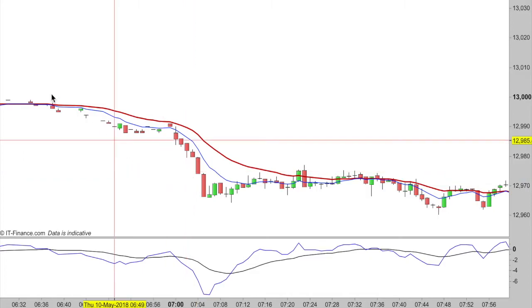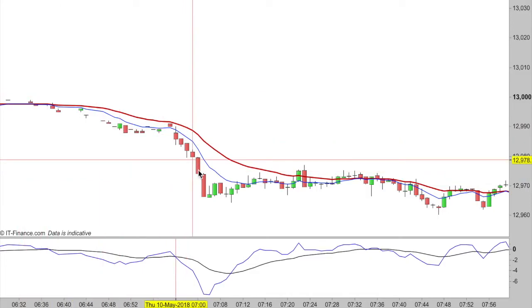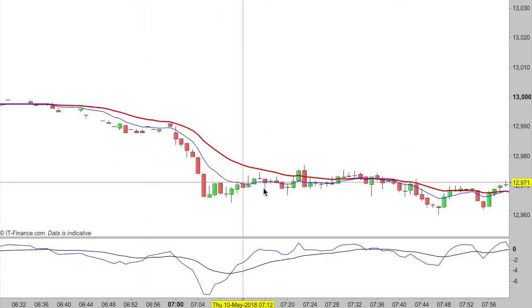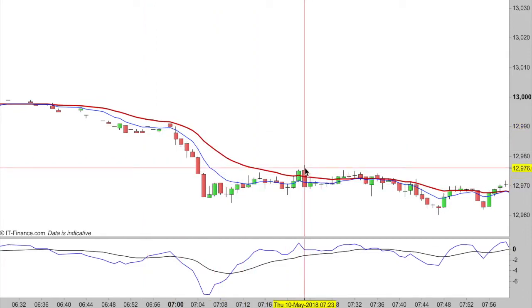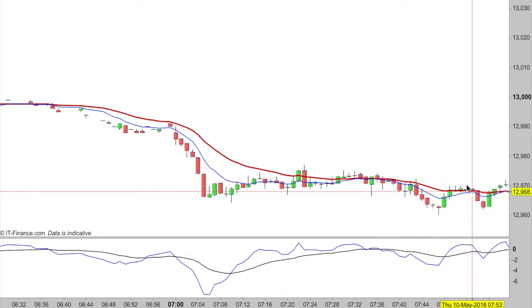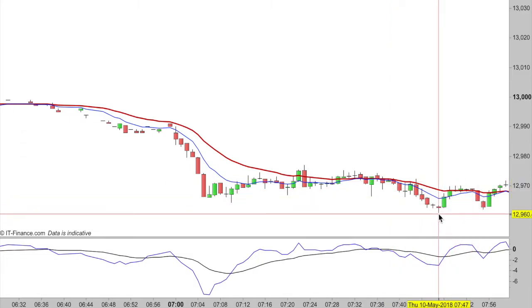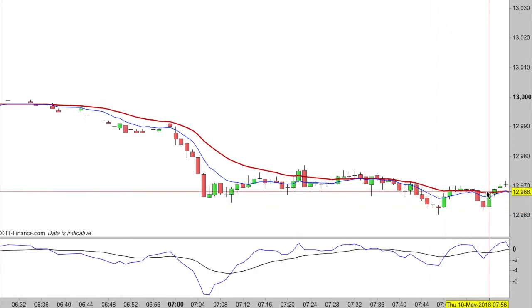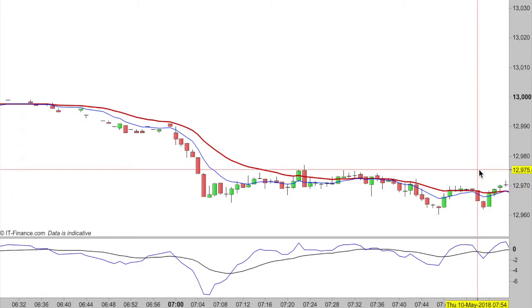You can see that the market's been in a downtrend, a small downtrend coming into the open. There's a high, a lower low, and then just here you can see that there's a low here and a higher low here, so that could be important coming into the open at 8 o'clock.